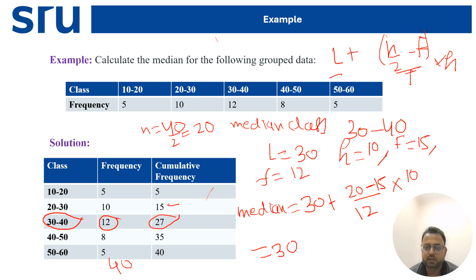So 30 plus 5 by 12 into 10, that is 50 by 12, which is equal to 4.17. So the median of this given data is 34.17.